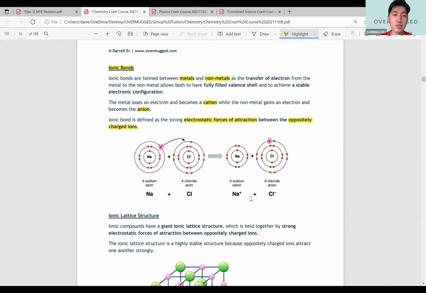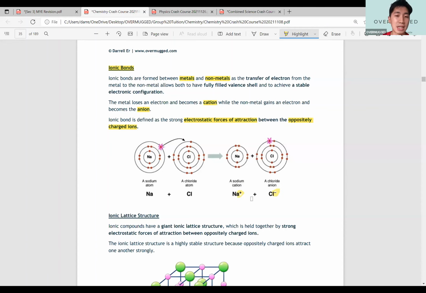Unlike charges attract, so opposites attract, and that attraction is called electrostatic force of attraction. Therefore, ionic bond is an electrostatic force of attraction between your oppositely charged ions. We use electrostatic force when it's between a plus and a minus, so electrostatic force is specifically used for plus and minus.